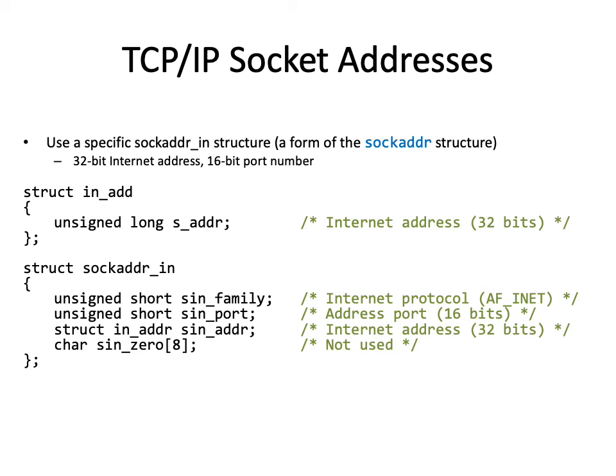We might set that value equal to AF_INET. Unsigned short sin_port is the address port. Struct in_addr sin_addr is the internet address, like the IP address. And then there's a character array, but we are not going to use that. And that's it for now.